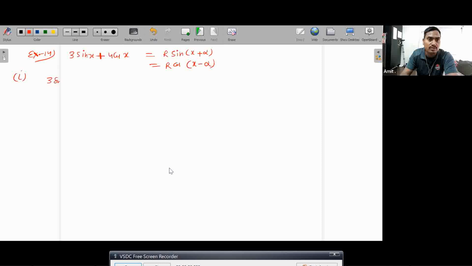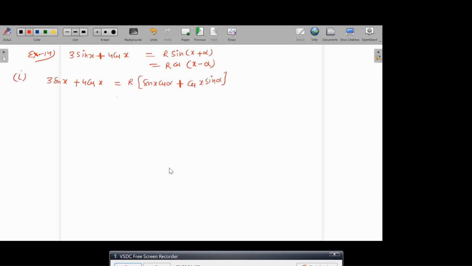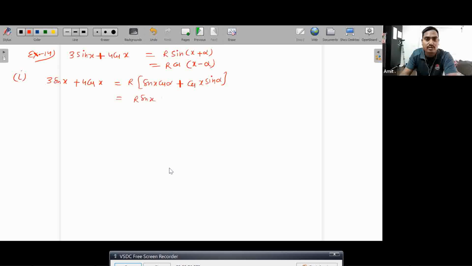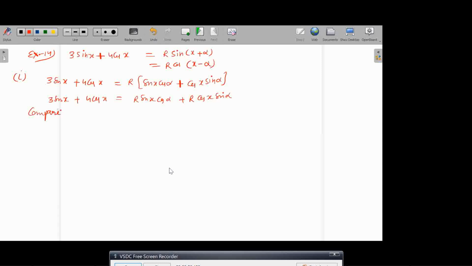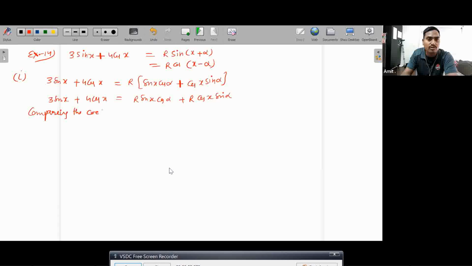So here this is 3 sin x plus 4 cos x. If we open it, it becomes R sin x cos alpha plus R cos x sin alpha. Now just compare the coefficients of sin x and cos x on both sides.